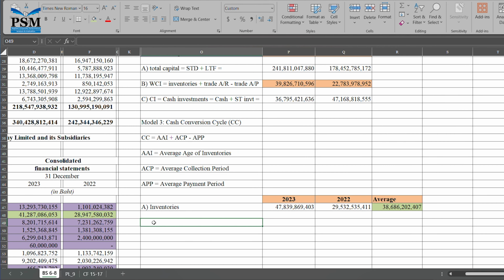We do the same thing, but this time for trade accounts receivable, or AR. This is also from the current assets section of the balance sheet.